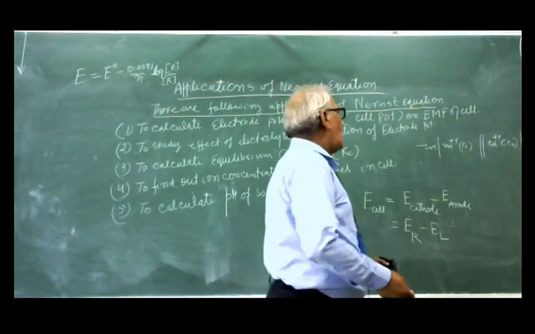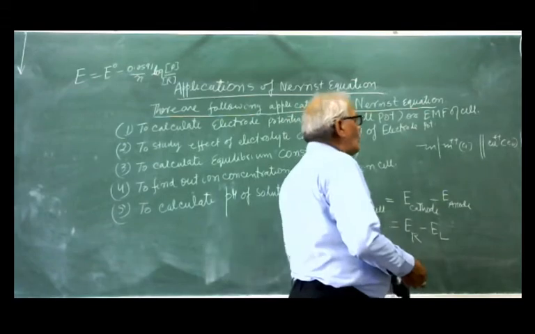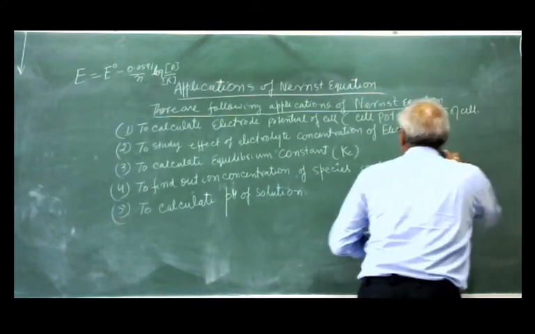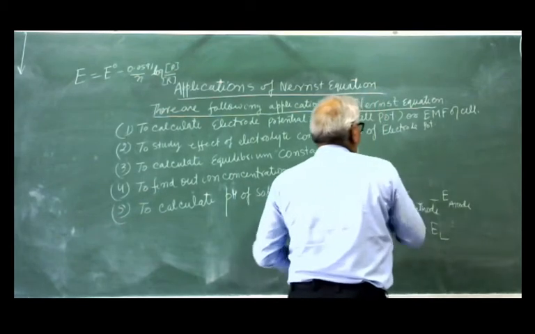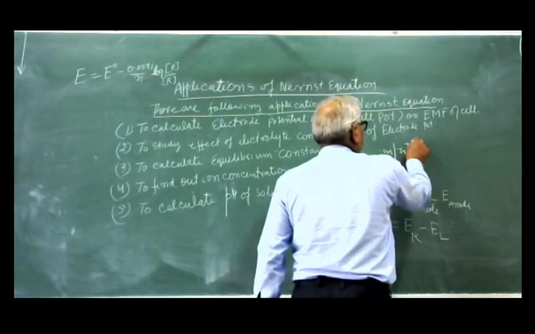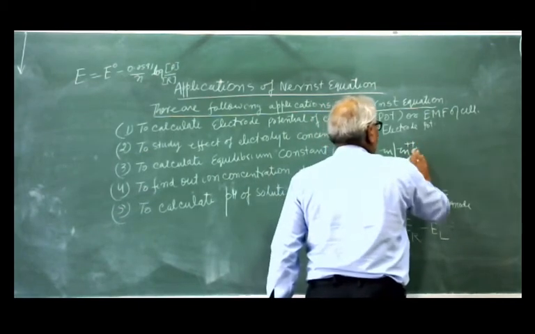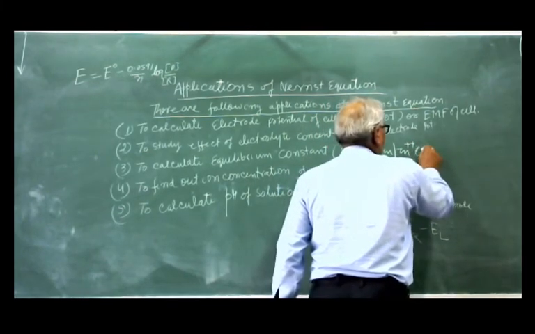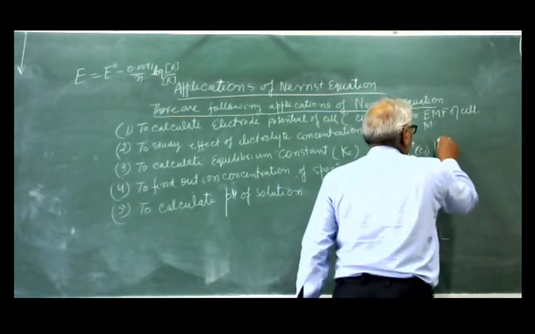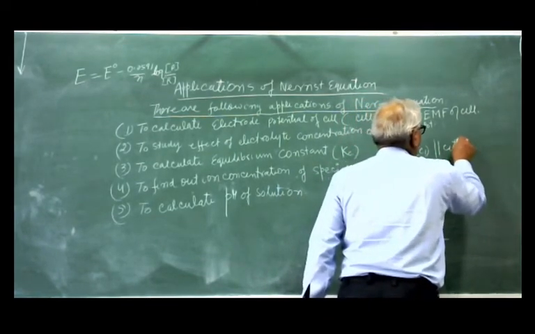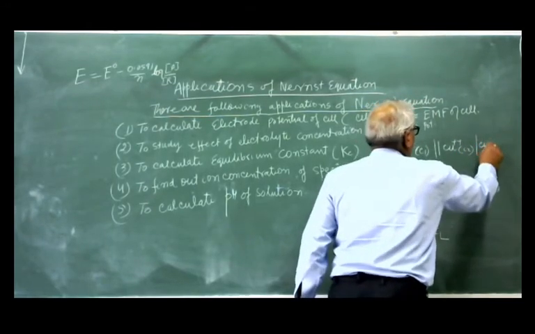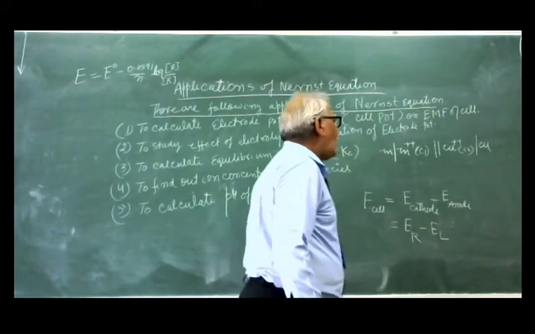So I must write here: zinc, zinc ion of concentration C1, salt bridge, copper ion of concentration C2, copper. This is the cell.